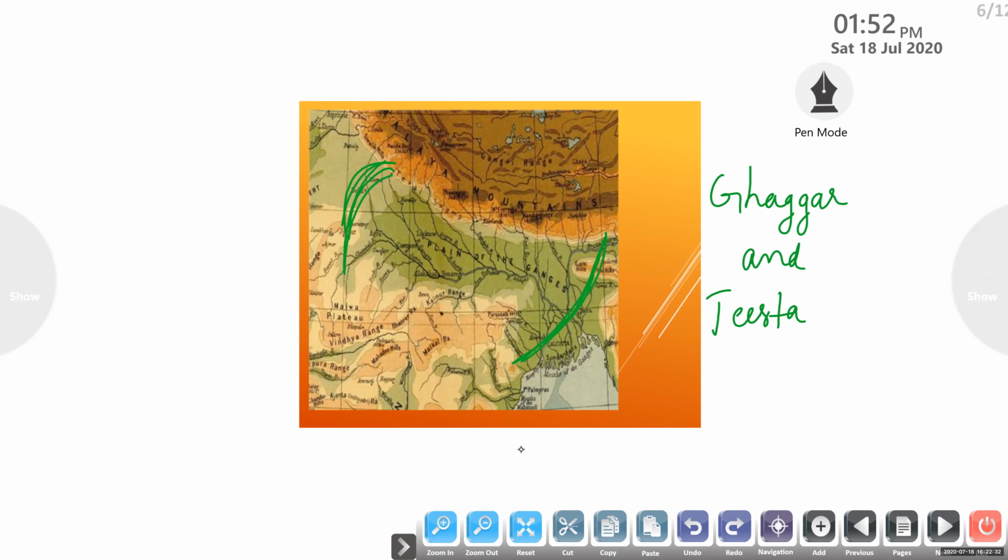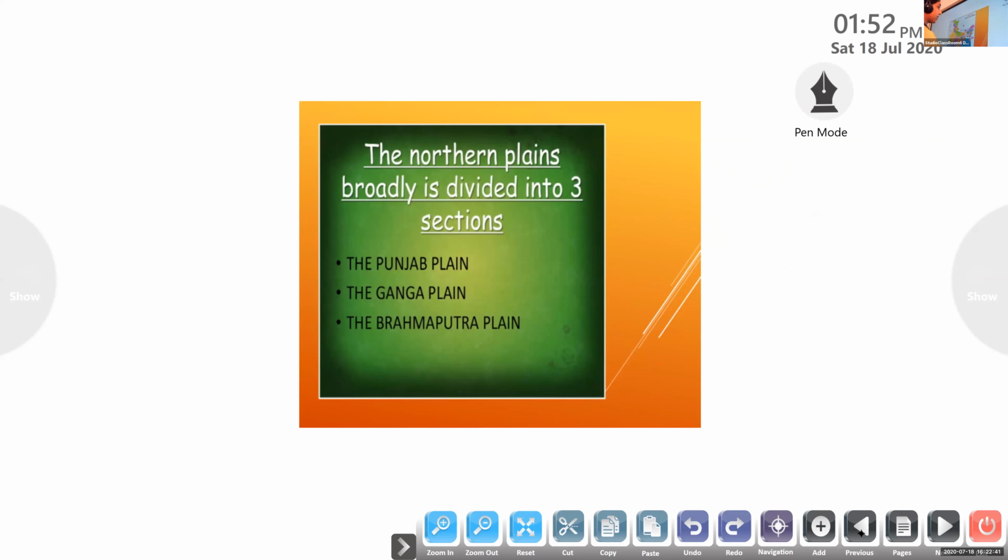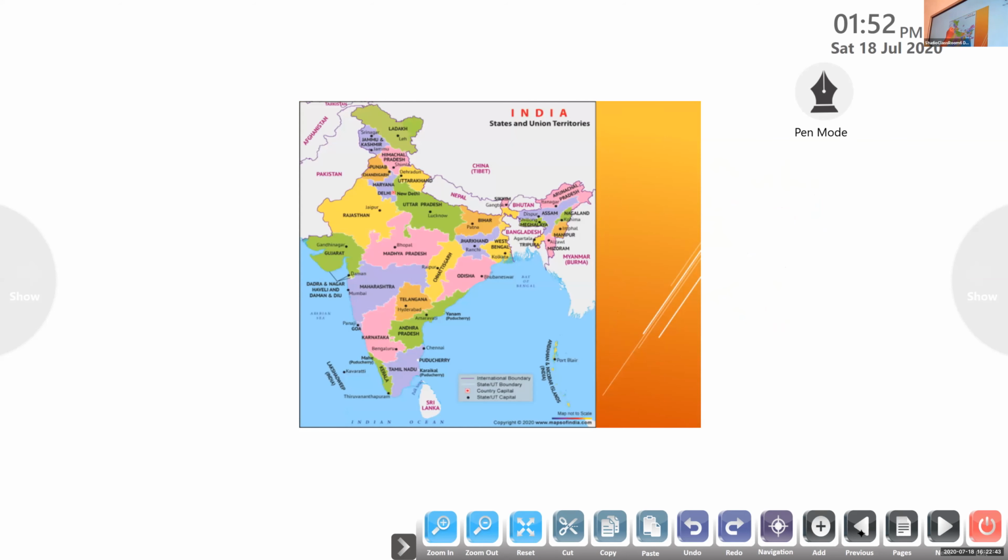Then it is spread over the states of Haryana, Delhi, UP and Bihar. I'll show you the states. Which all states this plain covers: Haryana, Delhi, Uttar Pradesh, Bihar, Jharkhand and West Bengal. Ganga plain is covered by these states.